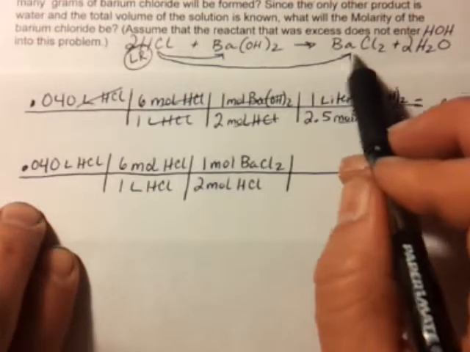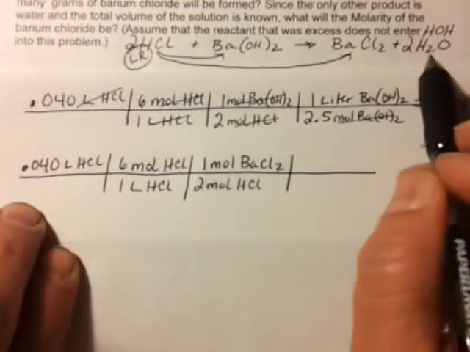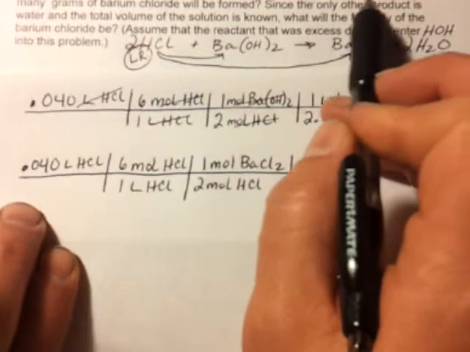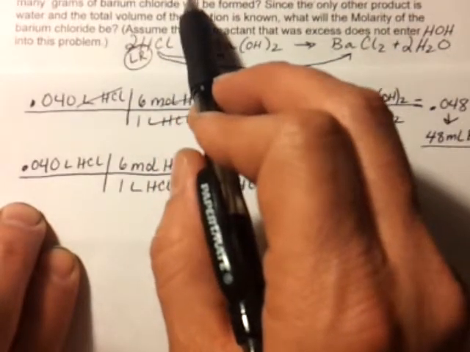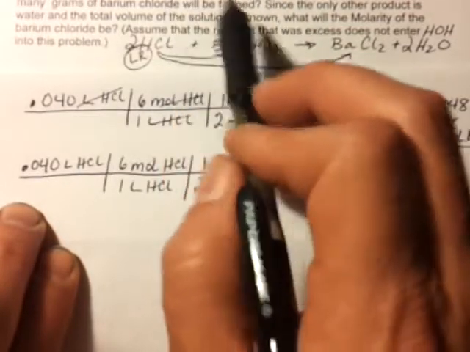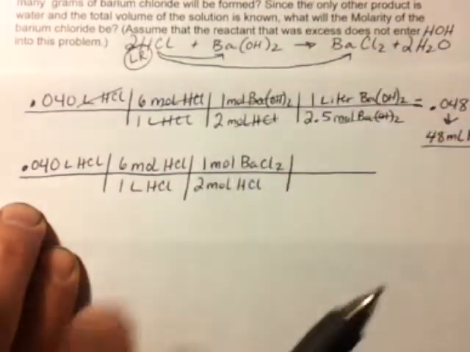So after you figure out how many grams of barium chloride you have, you need to know how much water you have. How do you know? Well, look, 50 milliliters of barium hydroxide plus 40 milliliters of hydrochloric acid. 50 plus 40 is going to give you 90 milliliters total. So we'll be able to use that later.